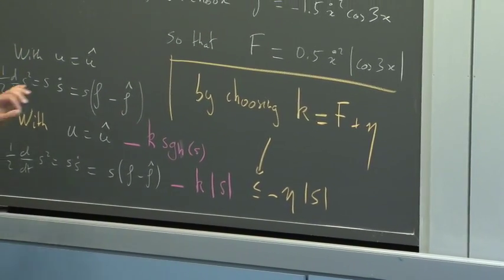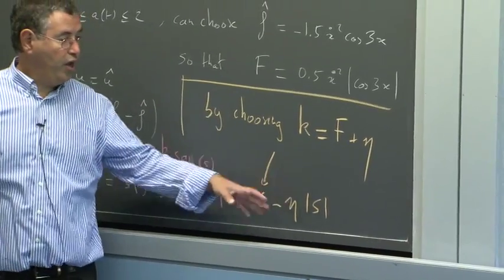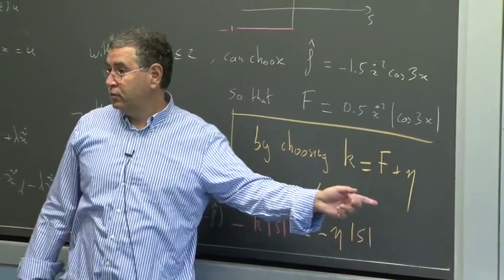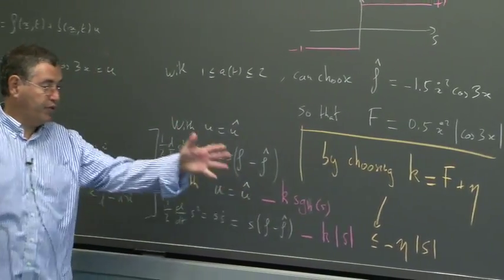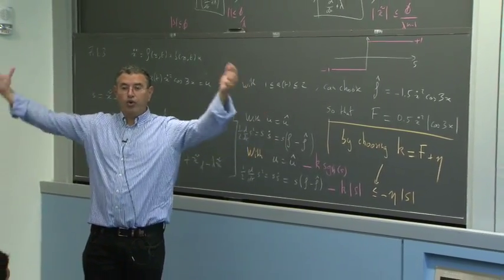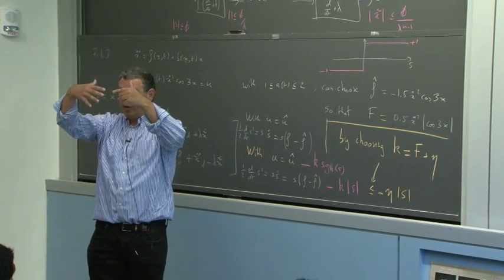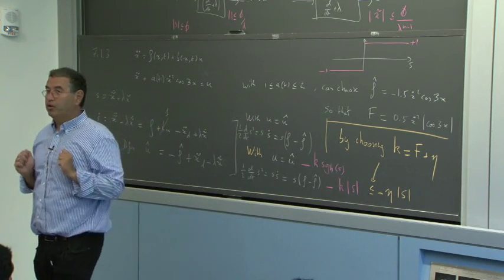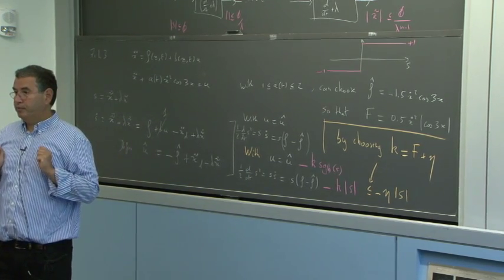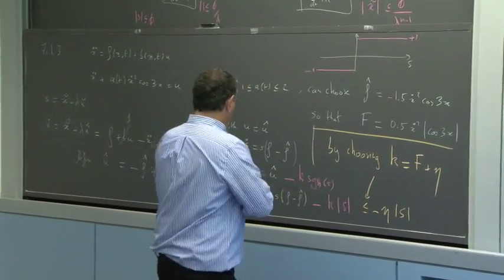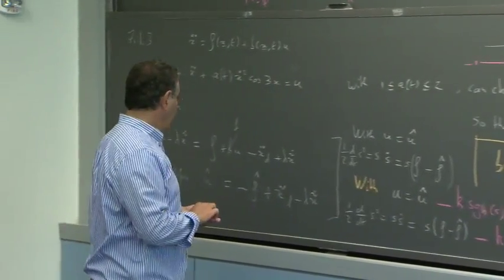By choosing k to be equal to eta plus whatever uncertainty we have on F, we guarantee that this equation will always be verified, which will mean that starting anywhere, we reach S equals 0 in finite time and then stay there, meaning that we follow the differential equation defined by S equals 0. All right? So that's what we can do here.